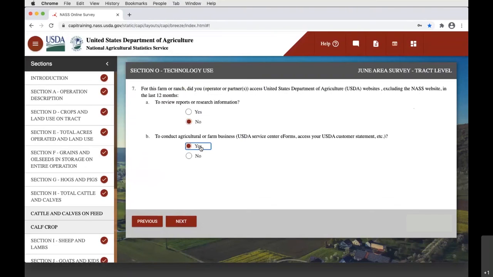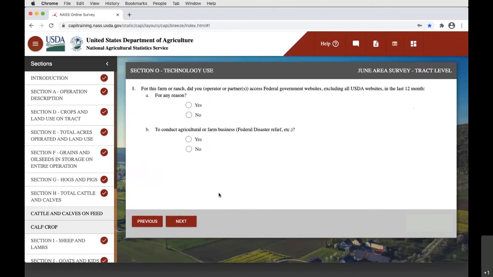For that, we can say yes. Have you accessed any other federal government websites in the last 12 months, excluding USDA websites? We're going to say for this, no. And then for agricultural or farm business, again, we'll say no.